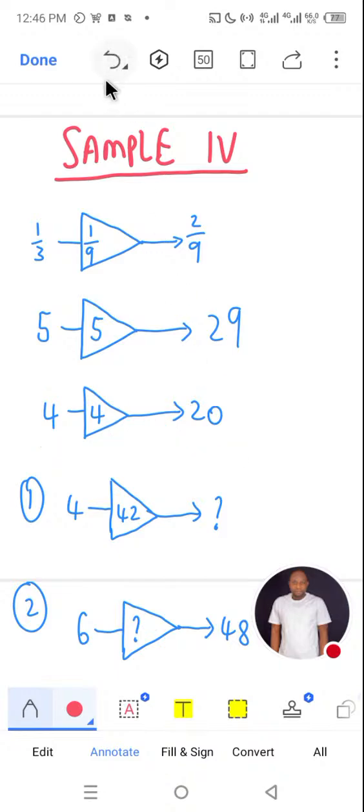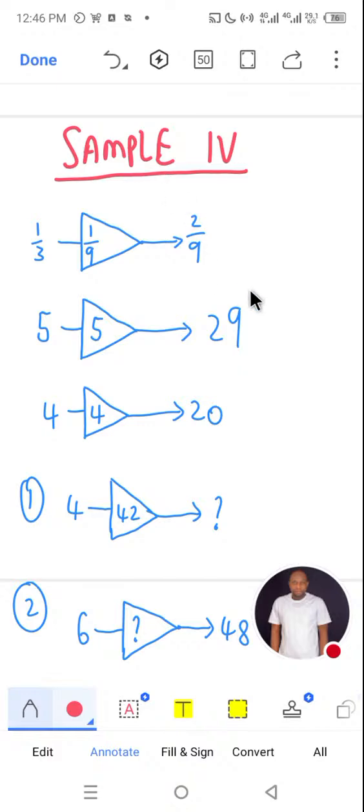Okay, I think what we should do instead, if you square the number on the left and add it with the number at the middle, you will get the number at the right. That is how it's going to be.